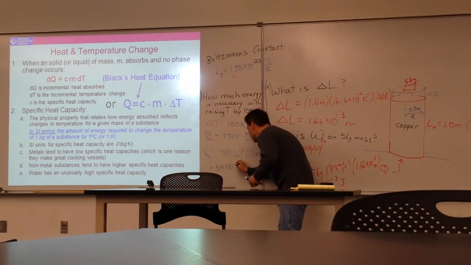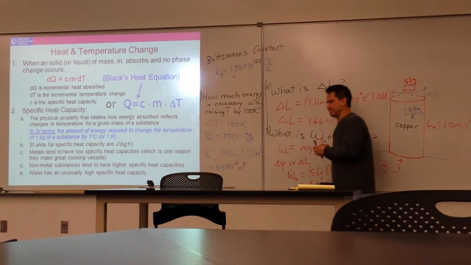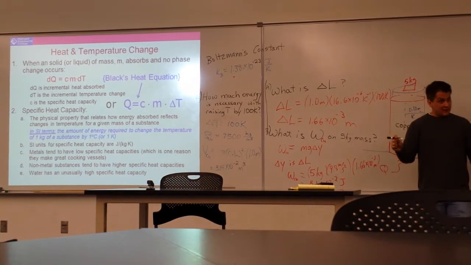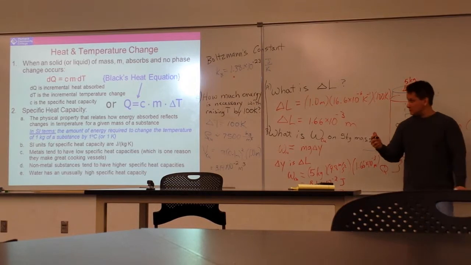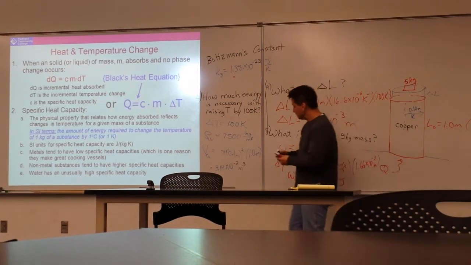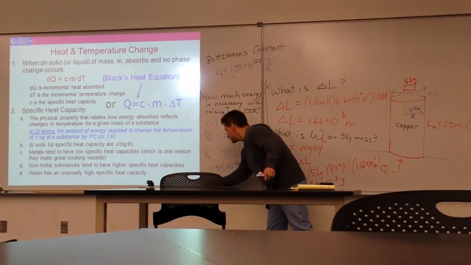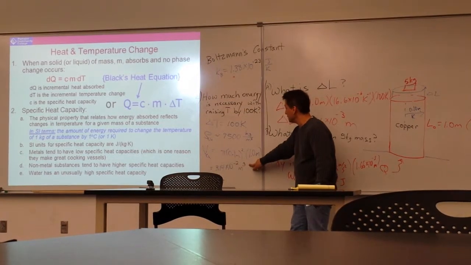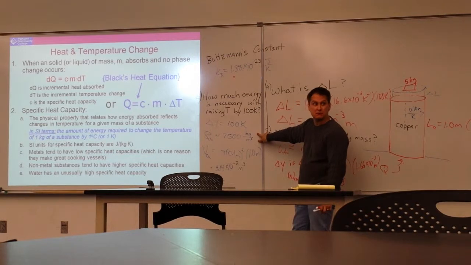To the negative 2 cubic meters. Okay. Now, the mass corresponding to that is density times volume. So we take this number, multiply it by this number.